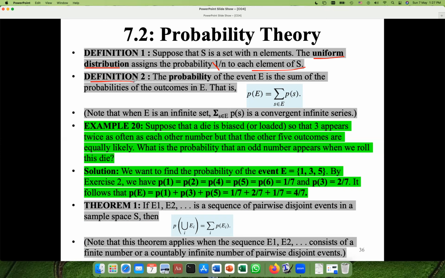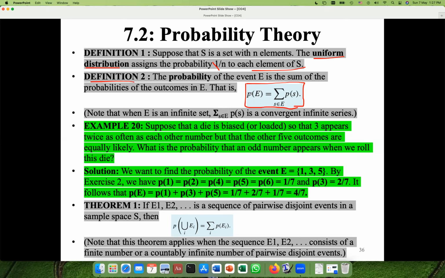Definition 2. This is maybe due to literature, okay? Because it can happen that in some book, some person has given this definition, but it's also okay.